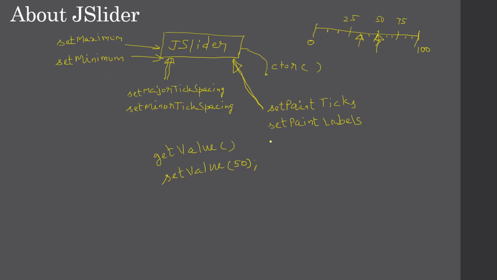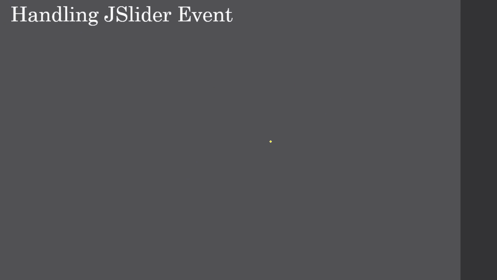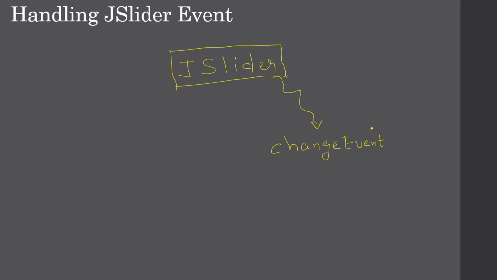Alright, the slider will produce an event. This will produce a change event. So this event will be produced when the user moves the knob of the JSlider component.